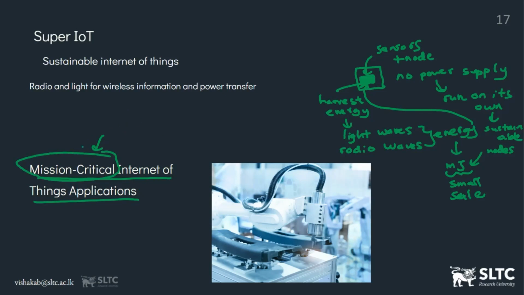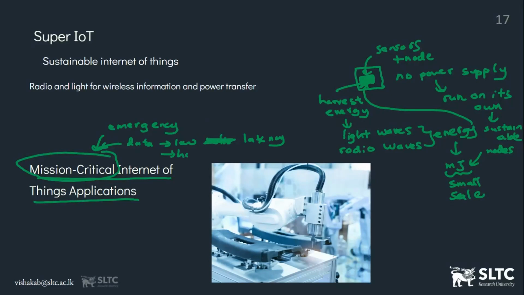For example, mission critical means emergency situations, and during those emergency situations we need to communicate the data with very low latency and with high reliability.